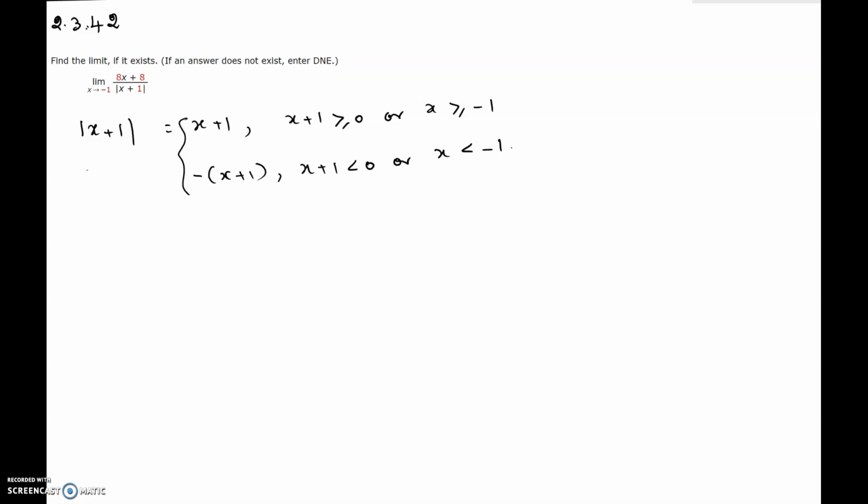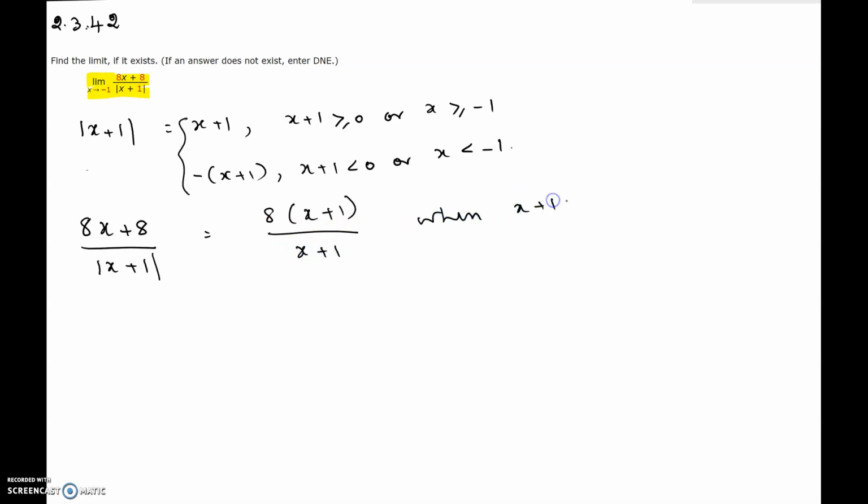Now let's consider the given expression, without the limit, just the rational expression. It is (8x + 8) divided by absolute value of x + 1, which is equal to 8 times (x + 1) divided by (x + 1) whenever x + 1 is greater than or equal to 0, or when x is greater than or equal to negative 1.